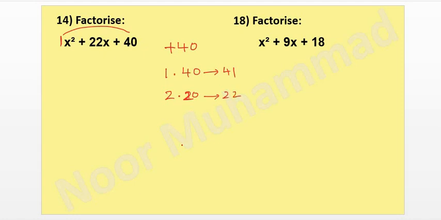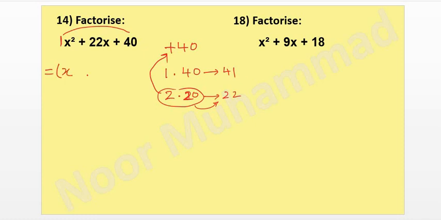Do you think we have to keep on making the list until you reach the last pair of factors? No need, because look at this, this is the pair. If I multiply it, I'm getting 40, and if I add it, I'm getting 22. So no need to continue making the factors, right? So how will I write my answer?